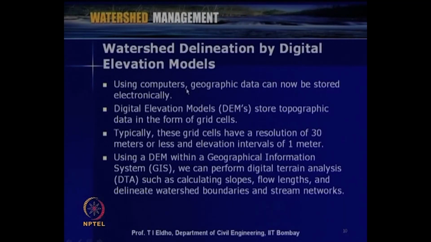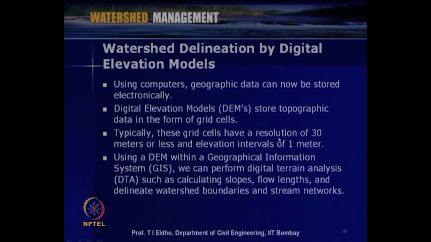Using computers, geographic data can now be stored electronically, as I already mentioned. Digital elevation models, or so-called DEMs, store topographic data in the form of grid cells. So, we can generate the grid, and according to the grid cells the topographic data are stored in the digital elevation models.